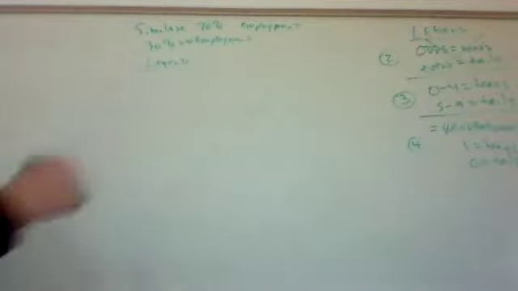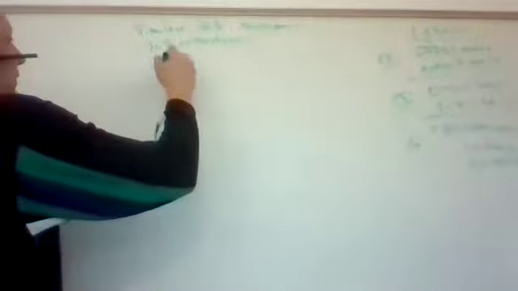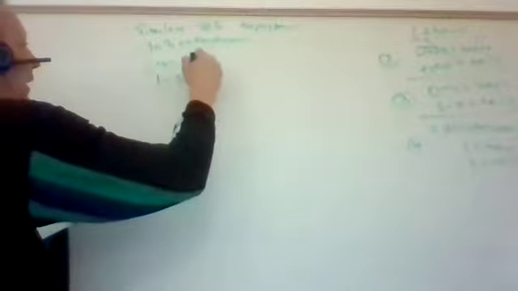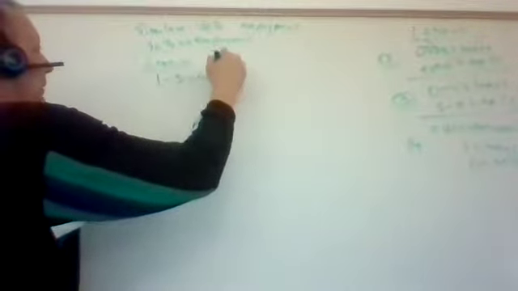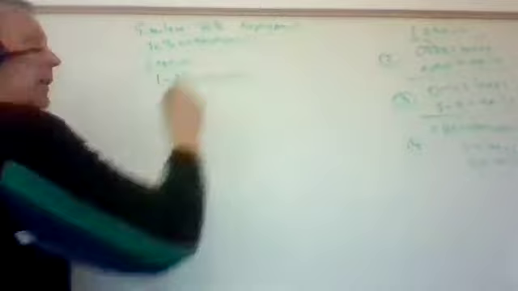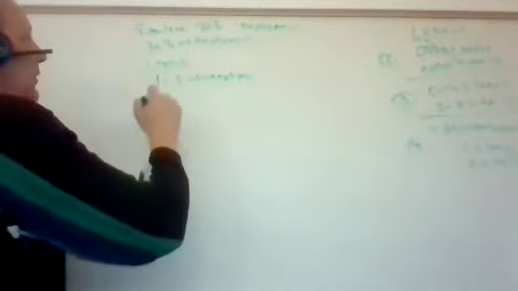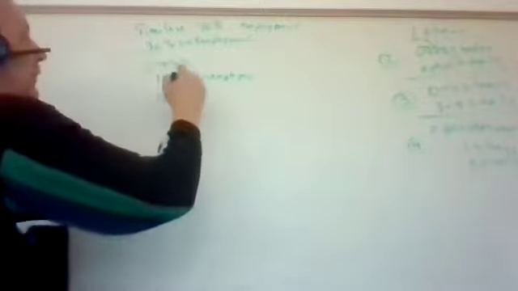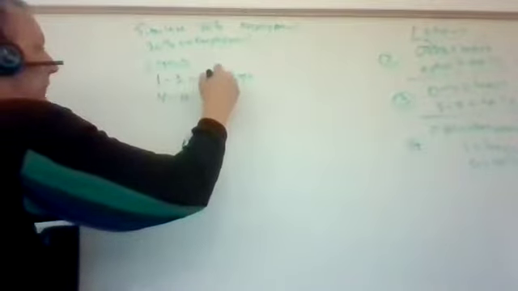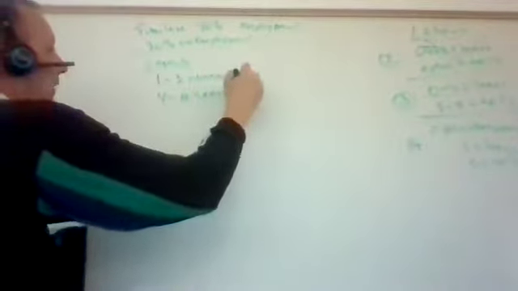However, if I'm using the random number table, I don't want to use 2 digits, and 10 is a 2-digit number. So a different way to do that, as opposed to using the odds and evens or the 0 through 4 and 5 through 9, is I could say 0 through 6 are employed and 7 through 9 are unemployed.